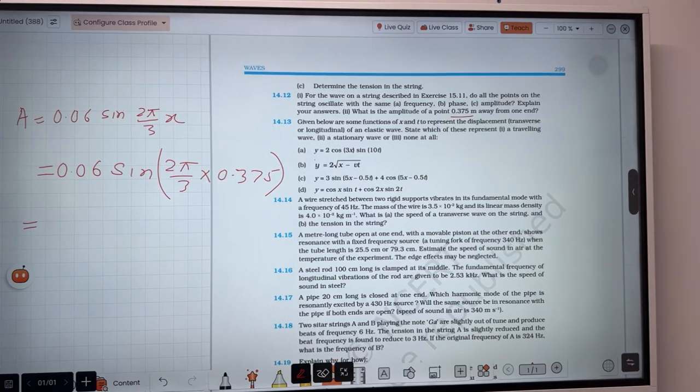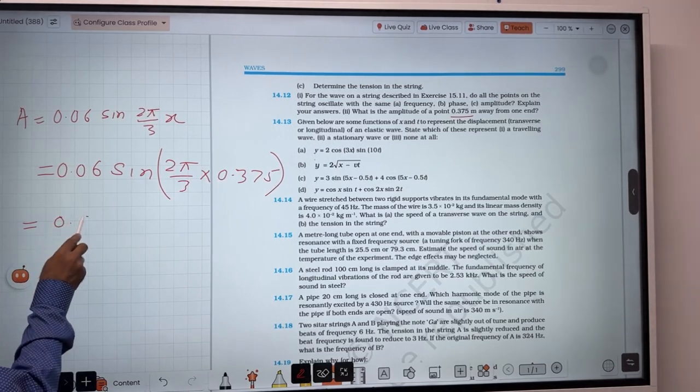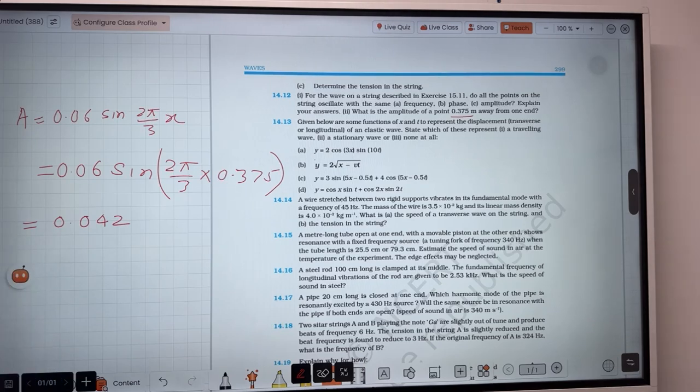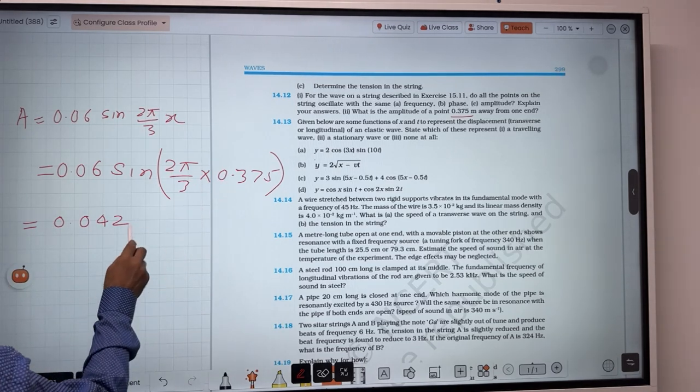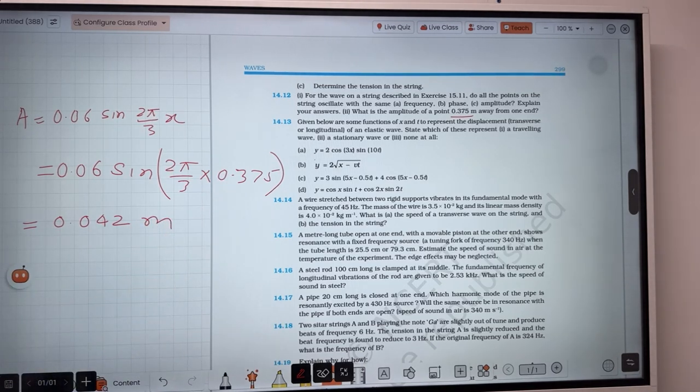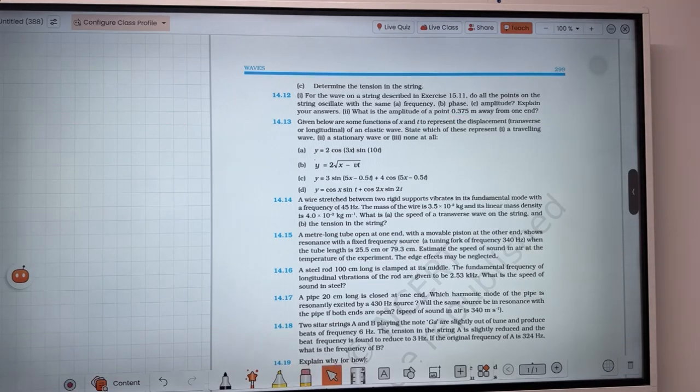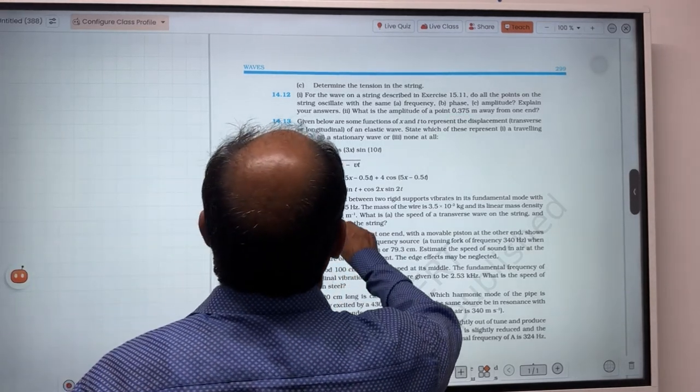So the final answer will be 0.042, and if units are in meter, the answer will be in meter, right? So this is the answer to question number 12.